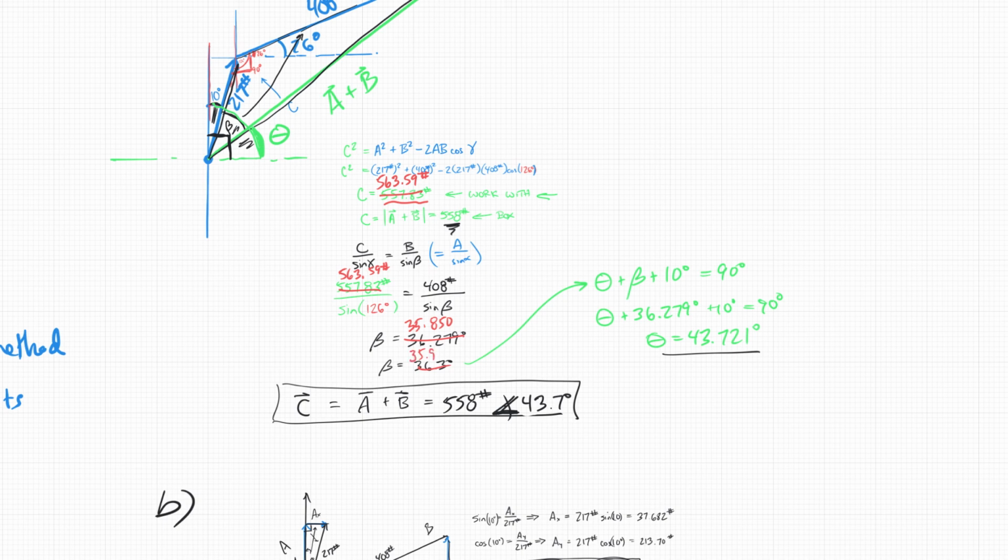Okay. So if I put that in over here, 35.850, then this angle becomes 44.150 degrees. Okay, I mean, the procedure was exactly correct. And this number right here ends up being 564 pounds at an angle of 44.2 degrees.